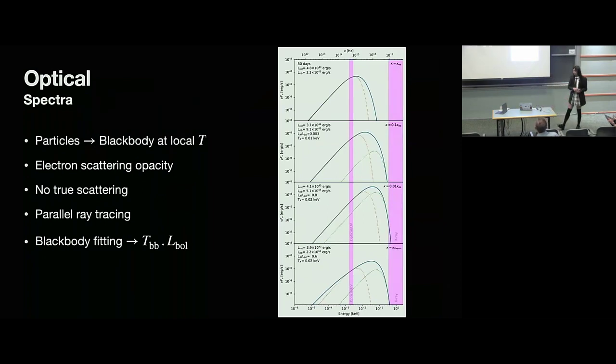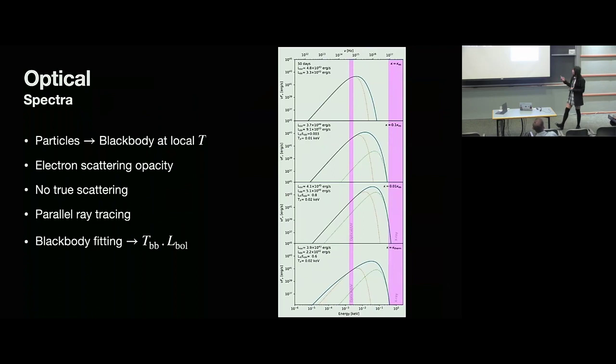So we would like to do it with a proper radiative transfer code, but due to some problem with the scattering, our code doesn't work, so we did it in some cheated ways. We assume every particle is emitting as a black body at the local temperature, with only the electron scattering opacity, and we trace from back to front according to the radiative transfer equations, until the observer at infinity.